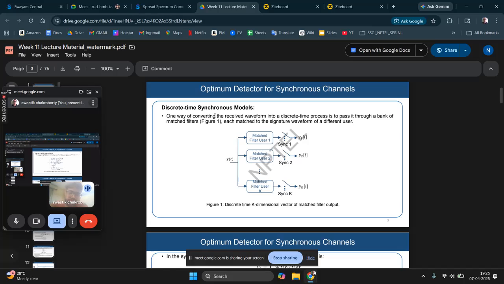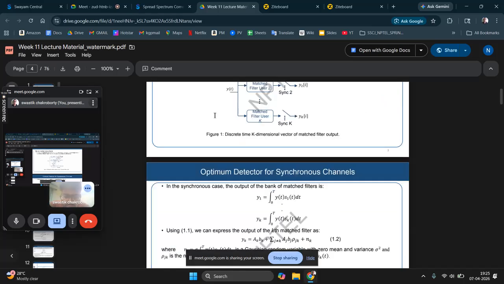So the synchronous model is that you design a matched filter for each of the users at the transmitters, and then you pass the entire waveform through this bank of matched filters. Ideally, each matched filter will separate out the data that is meant for its user and reject the data that is not meant for that user.